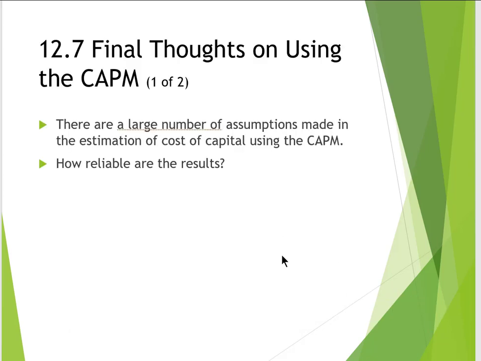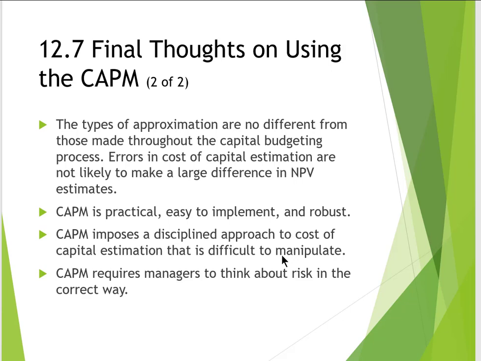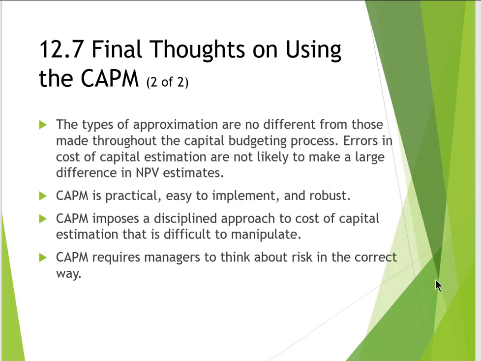So there are a lot of assumptions that are made in the estimation of cost of capital. So how reliable are the results, right? Should we be concerned about the number of assumptions? Again, this is really no different than any other kind of financial decision. They are all filled with assumptions and predictions.